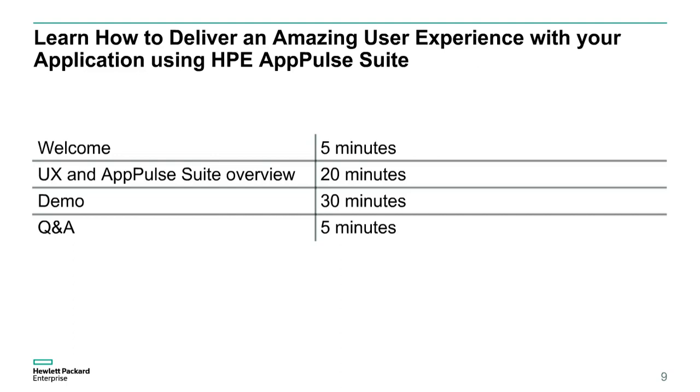The agenda for today is the welcome that we already covered, so 5 minutes off my time. We're going to spend 20 minutes talking about user experience and the AppPulse Suite overview. Then we dedicated 30 minutes to show the demo itself. We will try to squeeze the 4 modules into the 30 minutes.